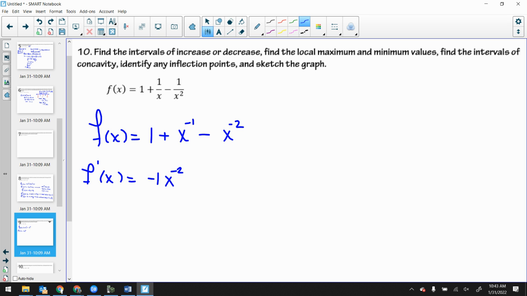Again, keep dropping down in value. And then this is going to turn into a plus 2 x to the negative 3, because negative times a negative is positive. At this moment, I'll just keep it rolling to do f double prime, because we'll need it in a second. So this is going to be a positive 2 x to the negative 3 minus 6 x to the negative 4, right?